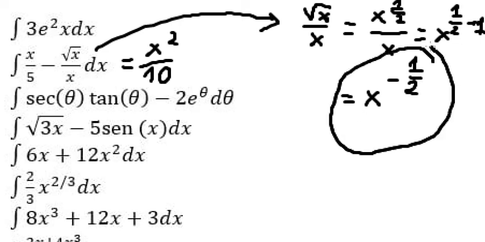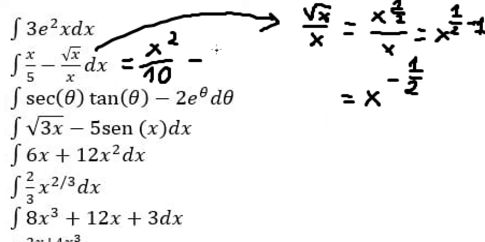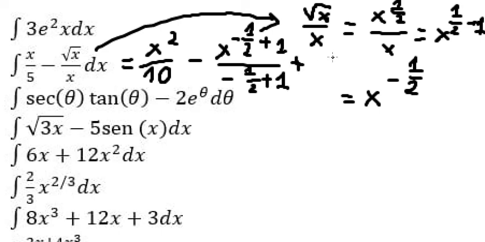And now the integration of this one, you get s to the power of negative 1 over 2 plus 1, over negative 1 over 2 plus 1, and we put c in here. Negative 1 over 2 plus 1, you get 1 over 2. And this is the answer for question number 2.